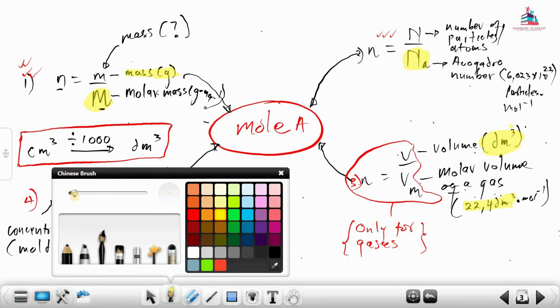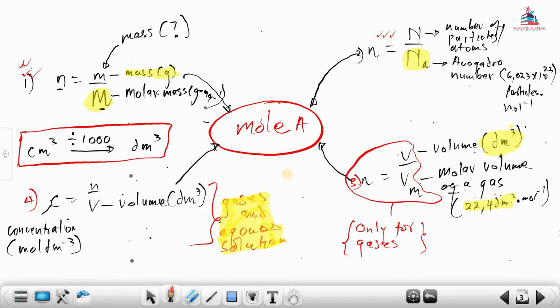But let's look into the third one quickly. It says here n is equal to V over Vm, where V is the volume and Vm is the molar volume of a gas, given as 22,4.